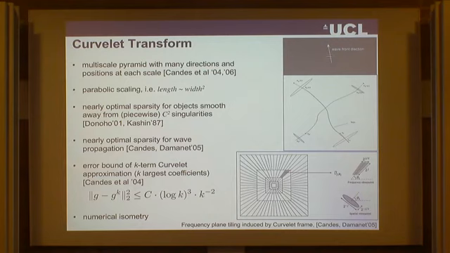The original initial pressure is some kind of image, so it stands to reason that it will be well represented in a system that well represents images. The assumption here is that the nearly optimal sparsity for objects is a smooth array of piecewise C2 singularities. That is in the original publications.